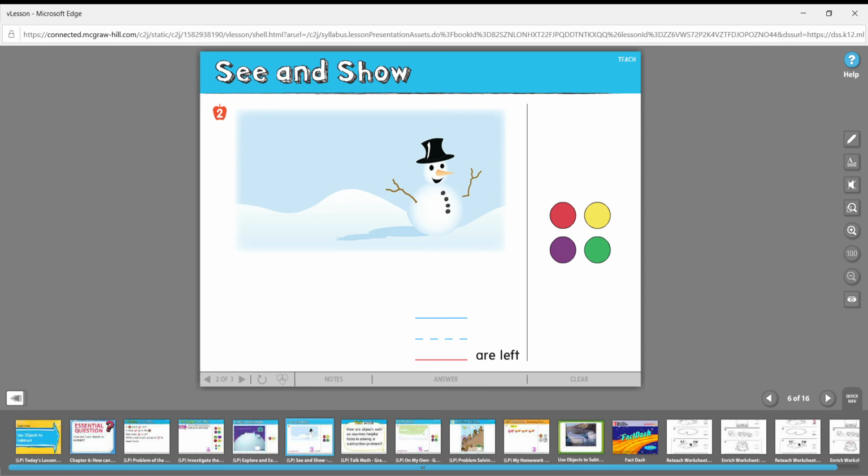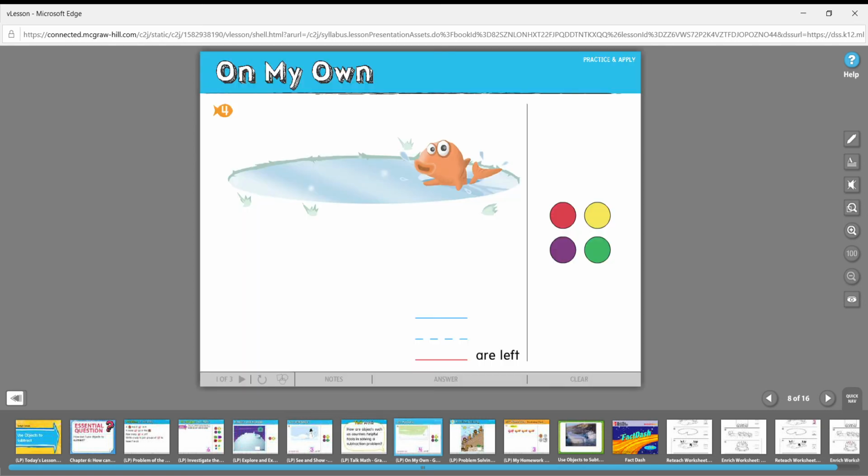And then you have your on my own pages. You will do those the same way. Mommy and daddy, or whoever's helping you today, will read the directions and you will put the answer. This one says, use counters to model subtraction. 5 penguins are swimming together. 2 swim away. How many penguins are left? Okay, 5 penguins are swimming together. That looks like fish.